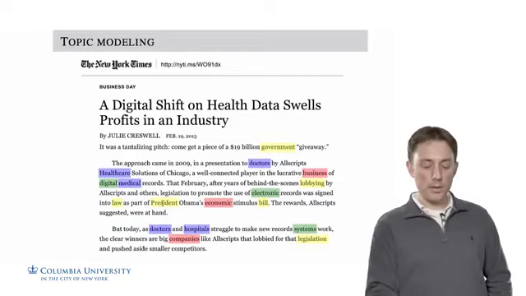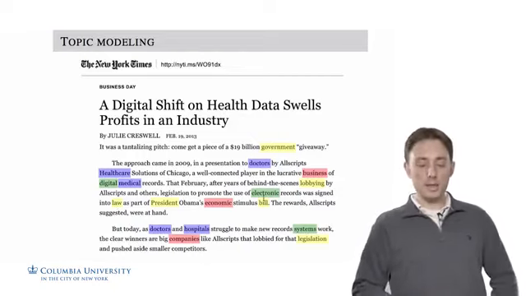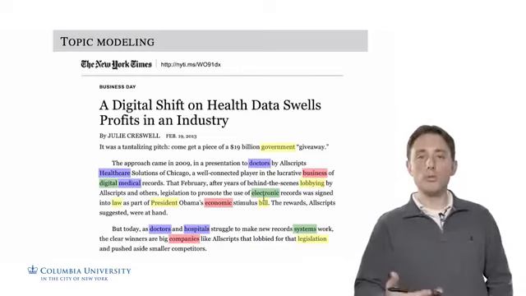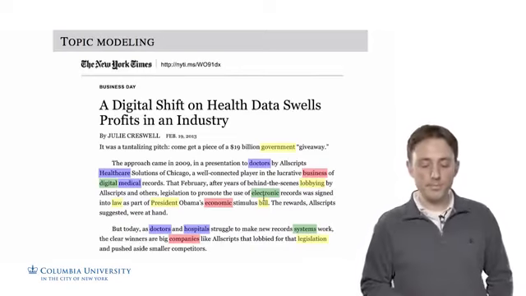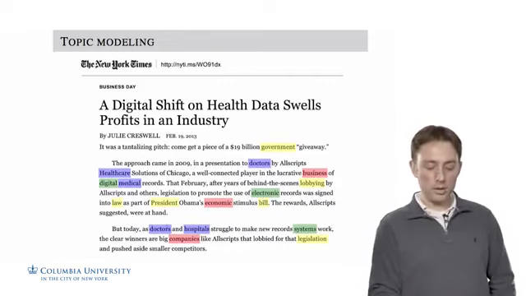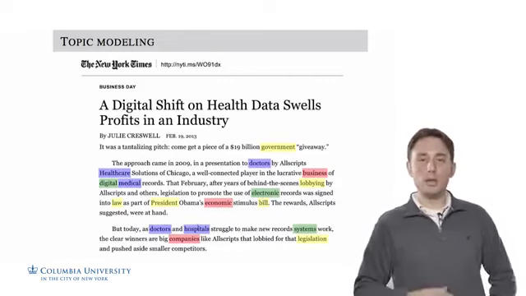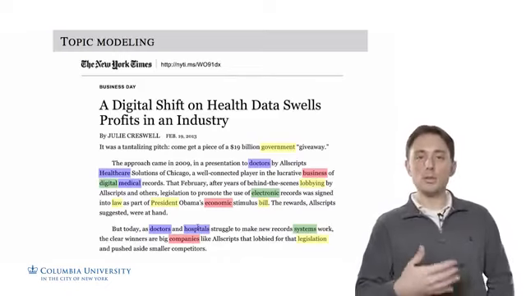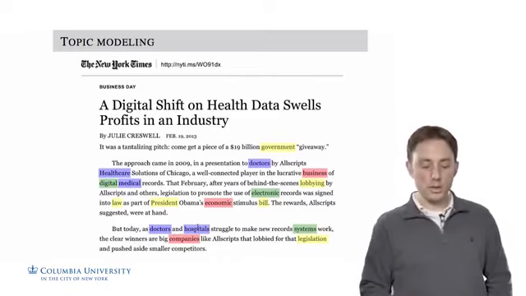We have words like government, president, law, legislation, bill, and lobbying that are all revolving around a political theme. We also have words that have to do with medicine, like doctors, healthcare, medical, and hospitals. That revolves around the fact that this has to do with digitizing health records.